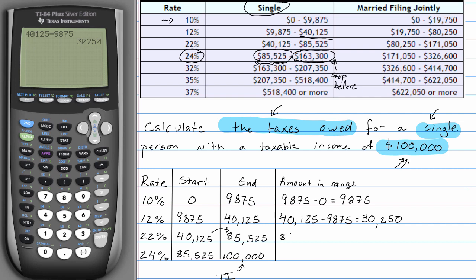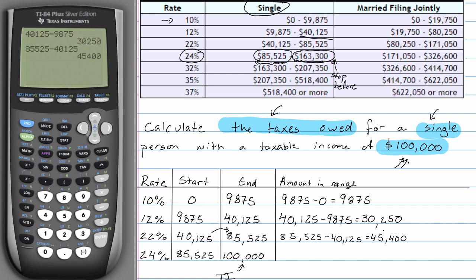Well, $85,525 minus $40,125. 85,525 minus 40,125 is 45,400. And then, so now they've made all the way up to 85,525.